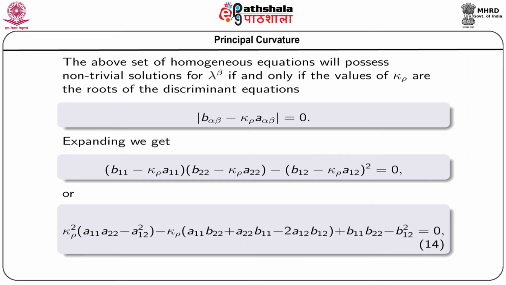Now, arranging and breaking the square term, we get kappa rho square into a11 a22 minus a12 square, minus kappa rho into a11 b22 plus a22 b11 minus 2 a12 b12, plus b11 b22 minus b12 square.